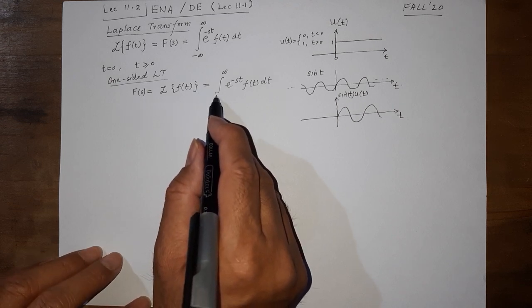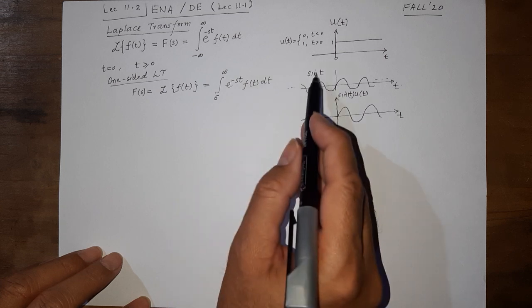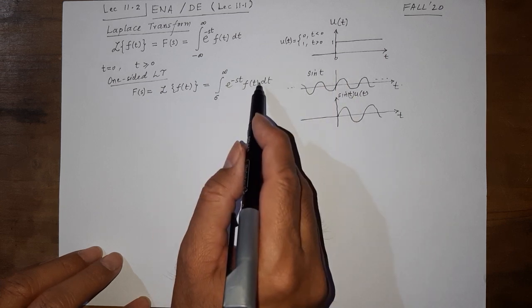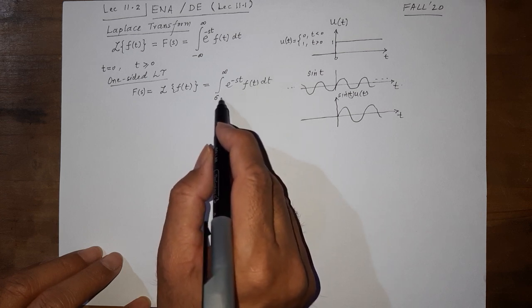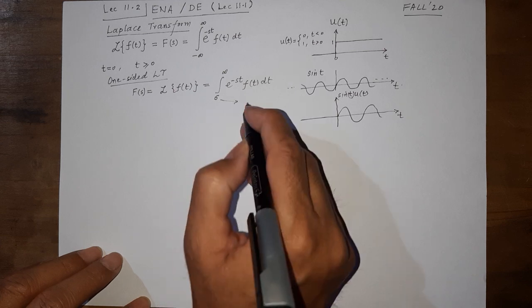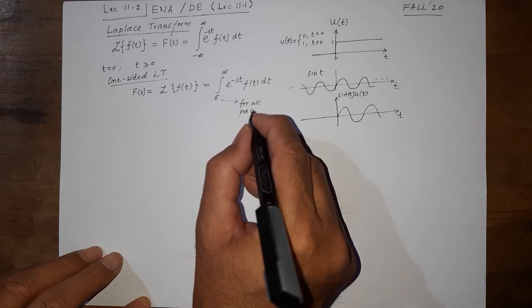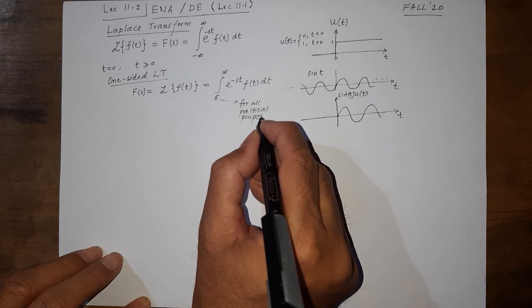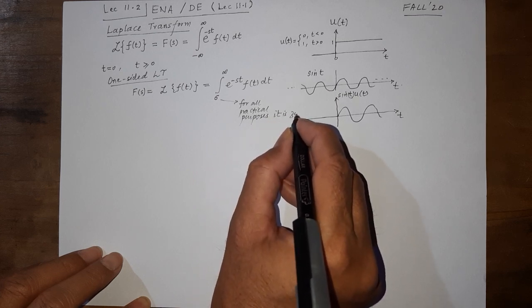Some books define this as 0 minus, just to say that whatever happens at t equal to 0 is also included in this integral. But remember that whether we write this as 0 minus or 0, for all practical purposes, it is 0.